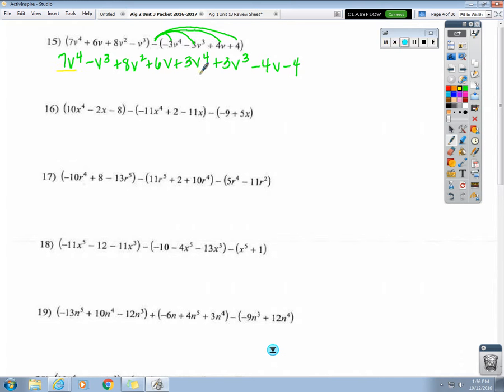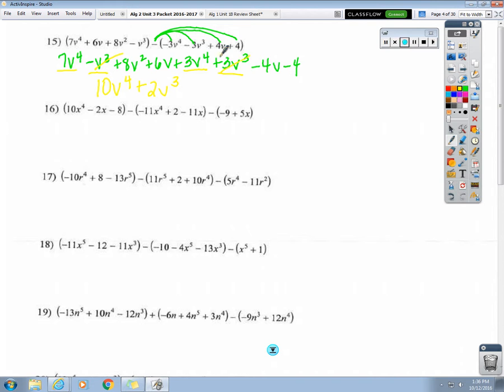7b to the 4th combines with 3b to the 4th to make 10b to the 4th, right, and then negative 1b cubed will combine with 3b cubed to make 2b cubed.